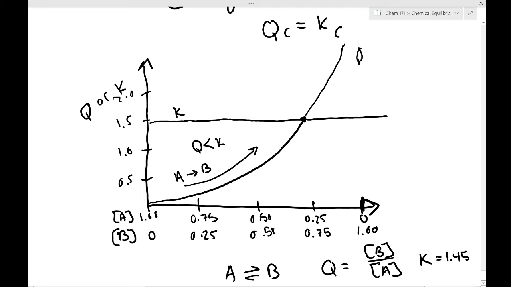And in this case, when we calculate Q, it's much greater than K, and that means that the reaction is going the other way around. The product, in this case, is being converted into the reactant, A. And when Q is greater than K, the reaction tends towards the reactants.